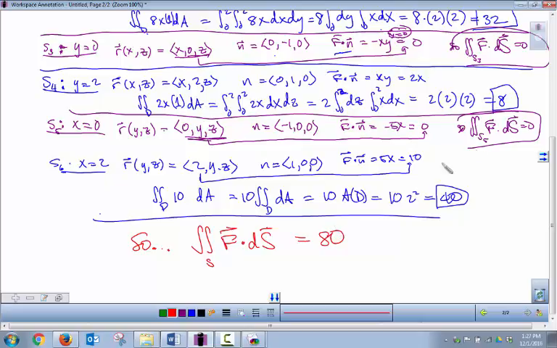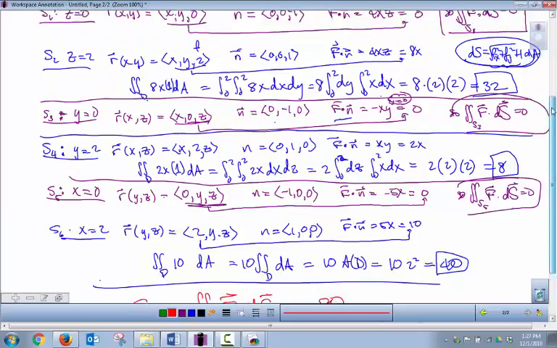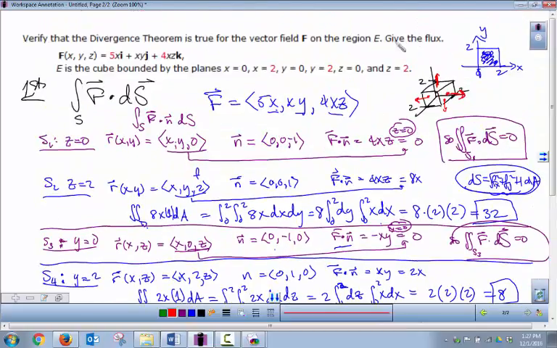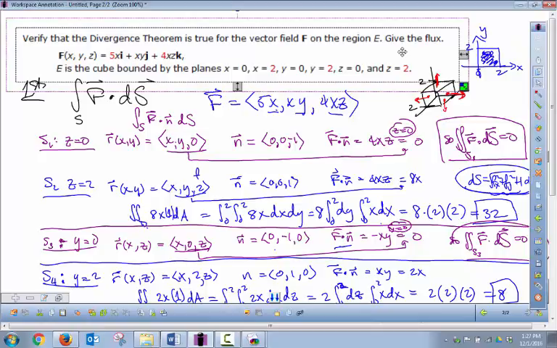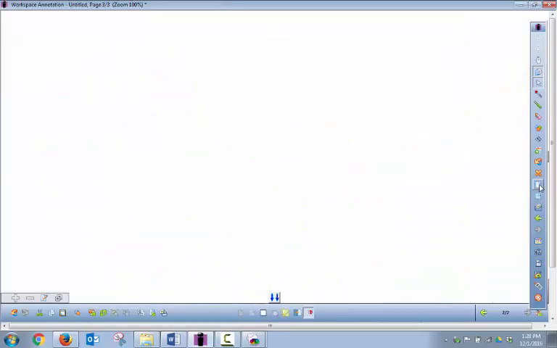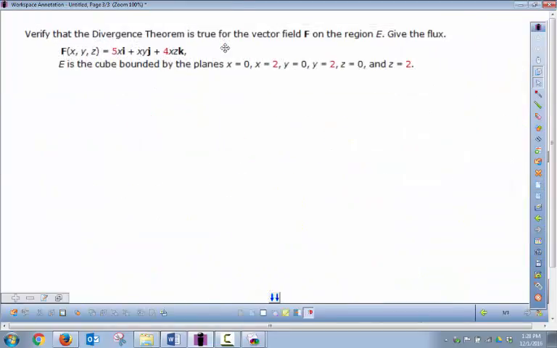Yeah, it is a lot of surfaces, with 12 sides.